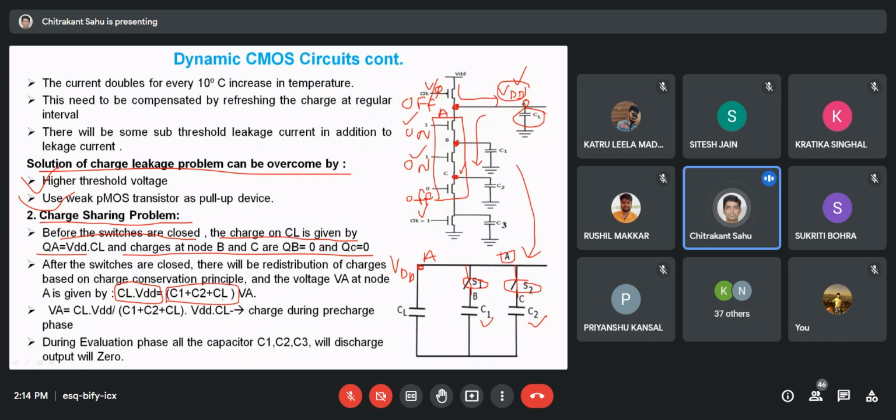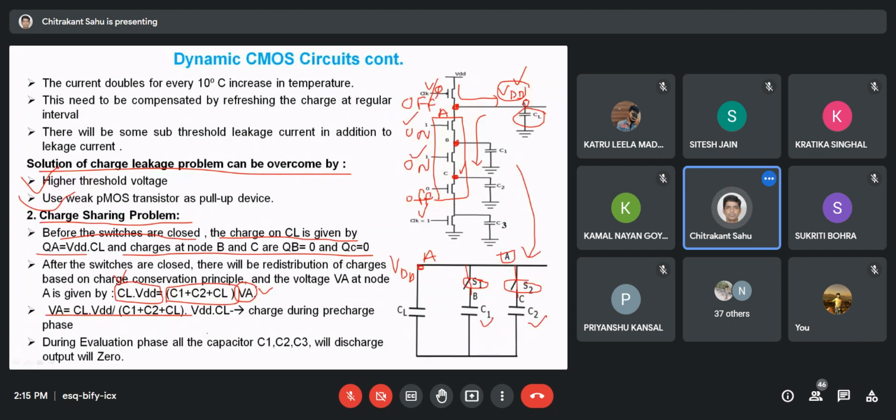Three capacitances are involved. If the capacitance is changed, then the voltage will also change, right? Because the total charge will remain the same. This is before switch close and this is after switch close. Then the equivalent voltage can be found by a very simple expression: CL into VDD divided by the total capacitance including C1 and C2.